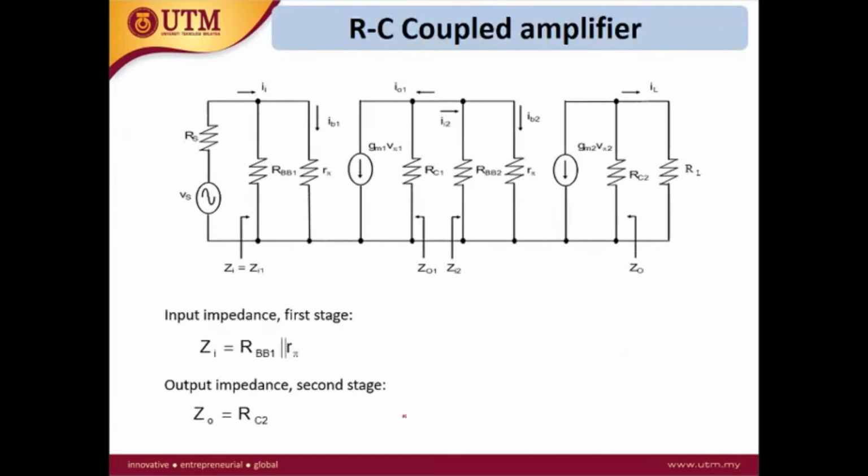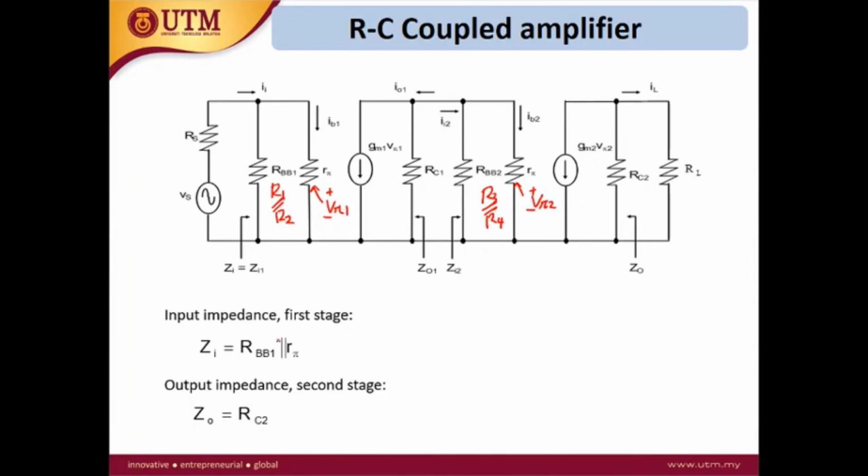So this is the redrawn AC equivalent circuit at mid-band for the multistage. We have RS, RBB1 is R1 parallel with R2, and RBB2 is R3 parallel with R4. V pi 1 is the voltage across here, and this is also V pi 2.